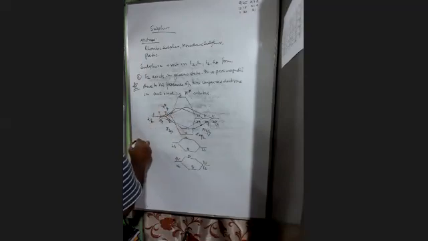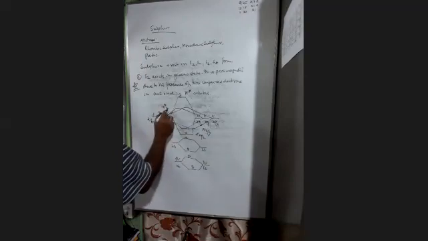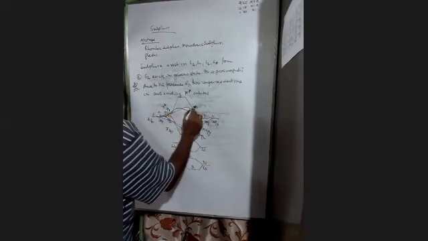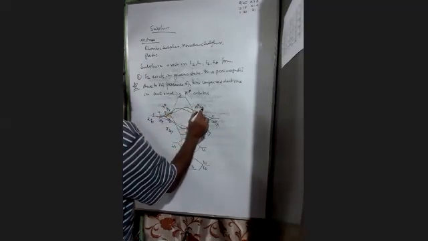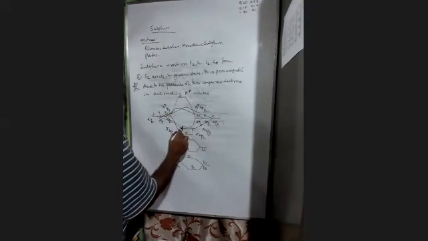Then it is pi star 2py, pi star 2px. Here 1, 2, 3, 4. See, these two unpaired electrons remain in the pi star orbital.